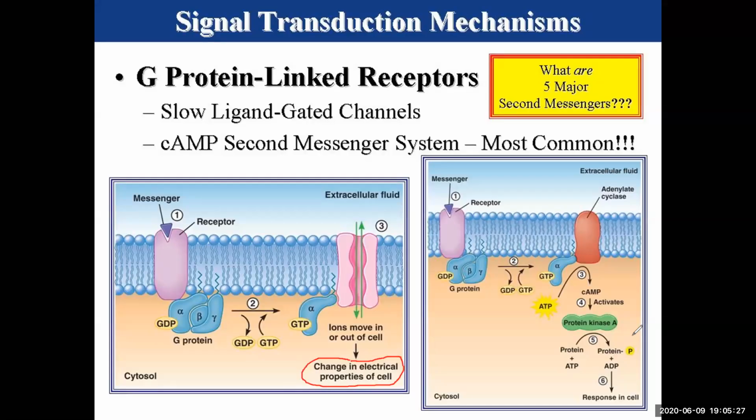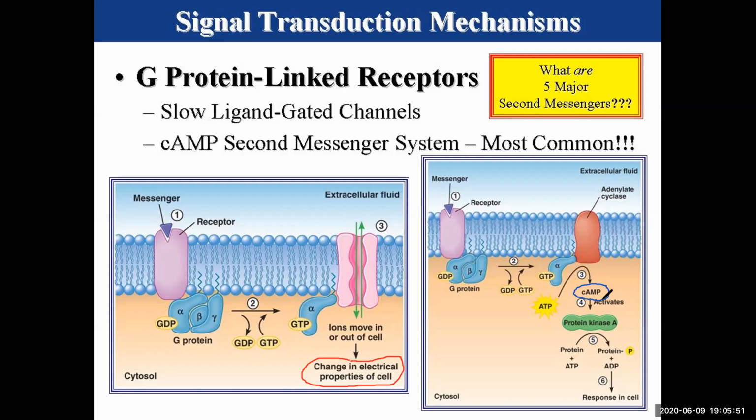The reason is because cyclic AMP is one of the most important second messengers. And that's why I asked you here, what are the 5 major second messengers? We learned about calcium already. Cyclic AMP is one of the most, if not the most important of them.